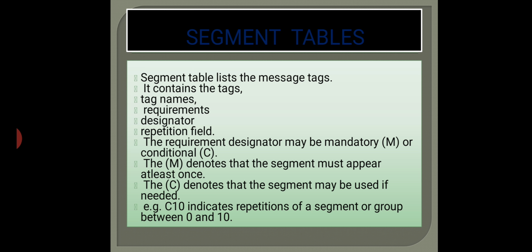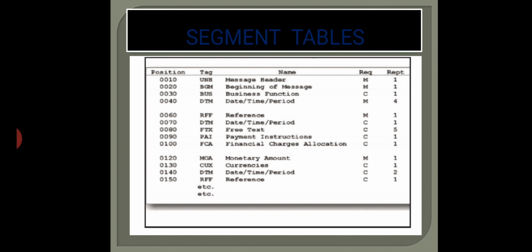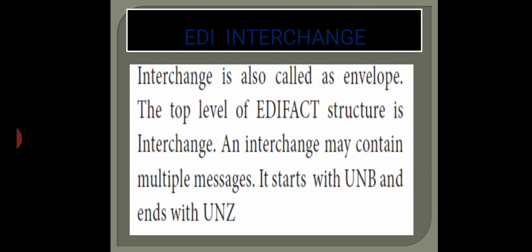For example, C10 indicates the repetition of a segment or group between 0 and 10. This is the segment table.